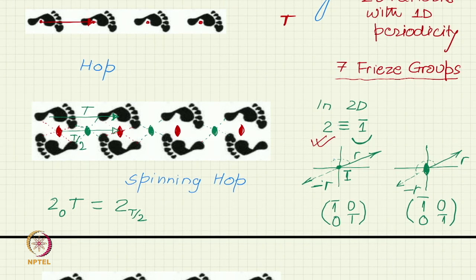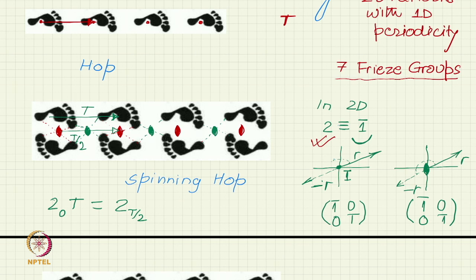So, in any pattern where you have twofold and translations, a very important result, and you will see the repetition of this: in any pattern where you have a twofold and a translation combined with that, you will find that twofolds are appearing at half the translations, and those two twofolds I have given different colors here. Pattern wise also, if you see, they are differently located with respect to the pattern.